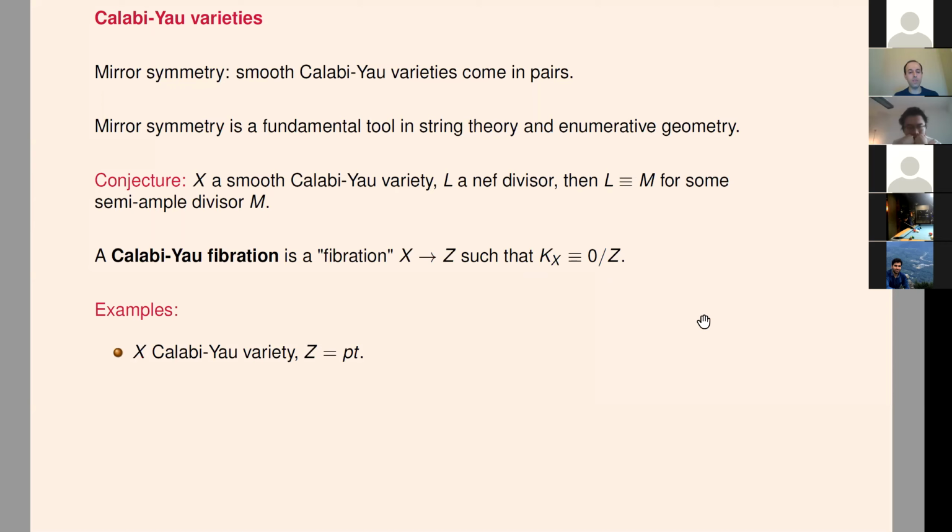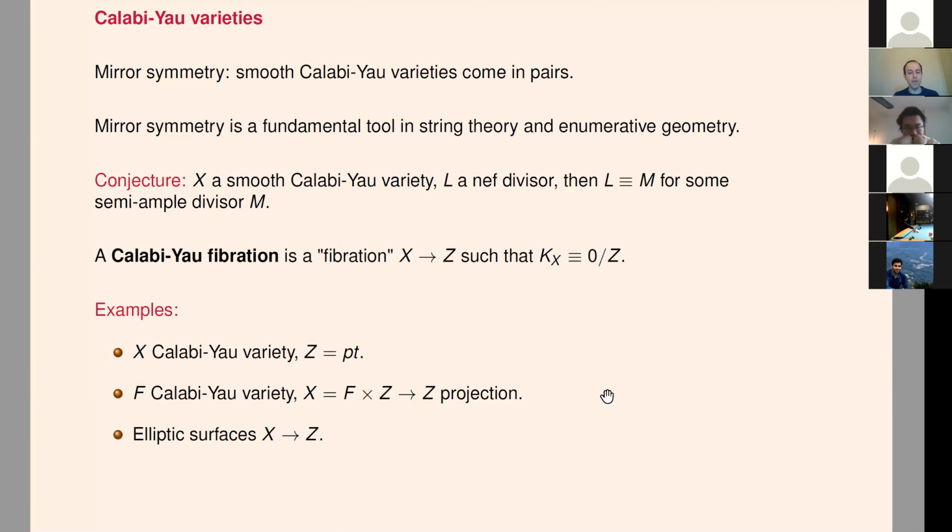And examples include Calabi-Yau varieties, taking Z to be just a point. Or if you take F to be a Calabi-Yau variety, and you take the product with any other variety and take the projection onto that other variety. So again, you get some kind of trivial examples of Calabi-Yau fibrations. But more complicated examples are given, for instance, by elliptic surfaces or elliptic varieties in general.